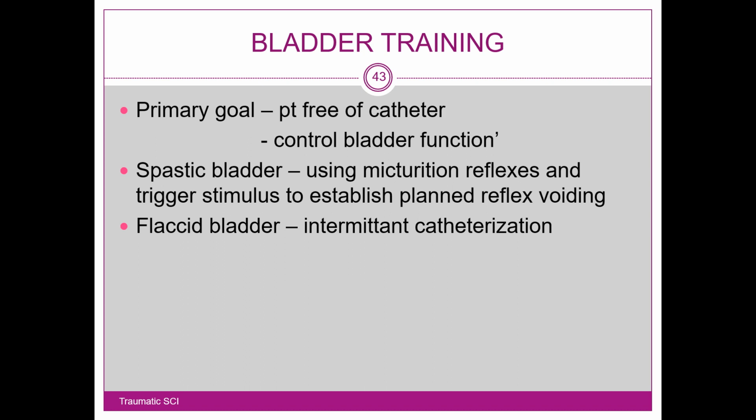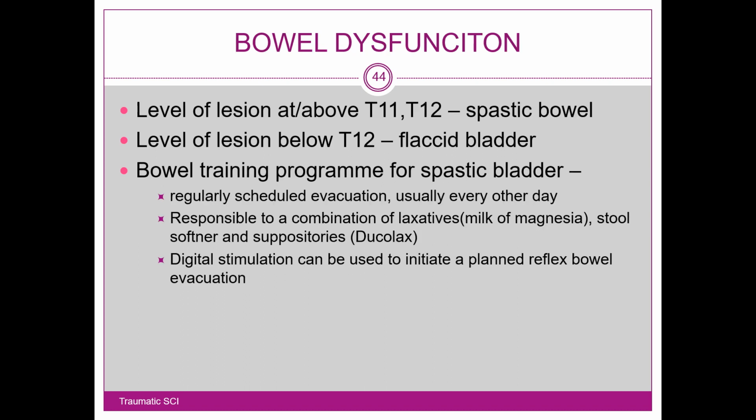As there is excessive tone in the bladder, that tone can be used to empty the bladder. For flaccid bladder, intermittent catheterization from time to time should be given to patients, as there is no tone in the bladder.